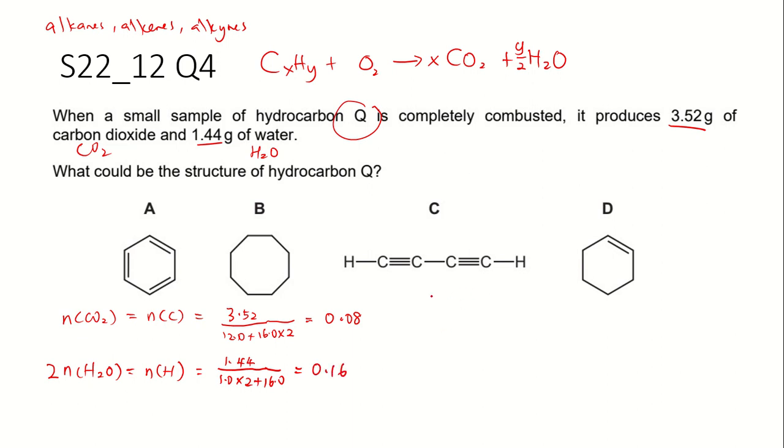Now let me find the ratio of number of mole carbon to the number of mole of H. So 0.08 to 0.16. To get the simplest ratio, we divide these two values by the smaller one among them, which is 0.08 in this case.